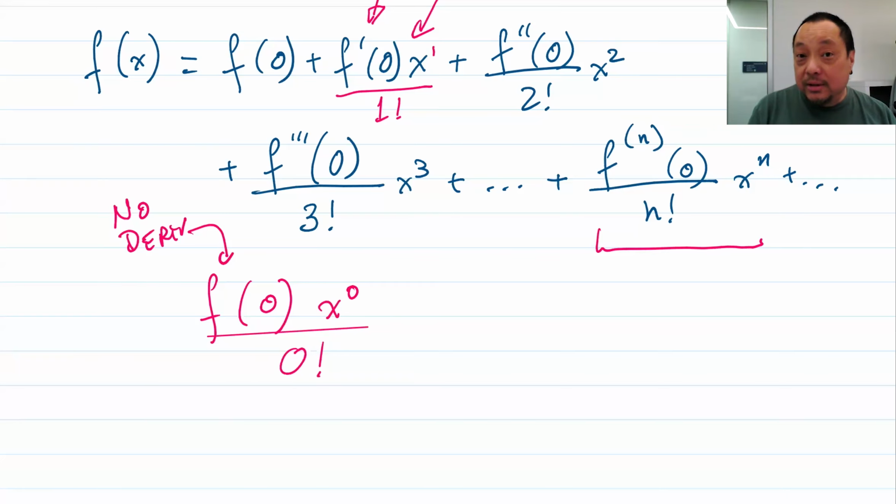Well, it doesn't, but we can put it in if we define 0 factorial as 1. So yeah, Taylor series in calculus also suggests that it would be convenient if we could define 0 factorial as equal to 1.